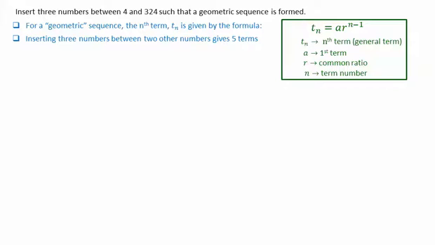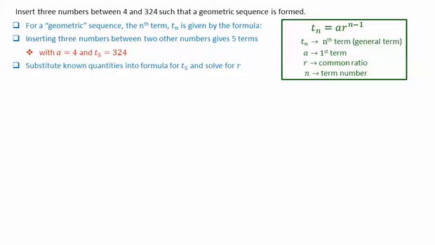By inserting three numbers between two other numbers, there will be a total of 5 terms. The first term given, in this case 4, will correspond to the first term of our sequence. The second term given, 324, will then correspond to the fifth term, T5.